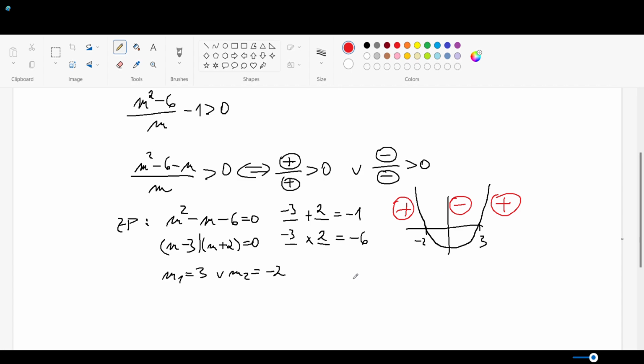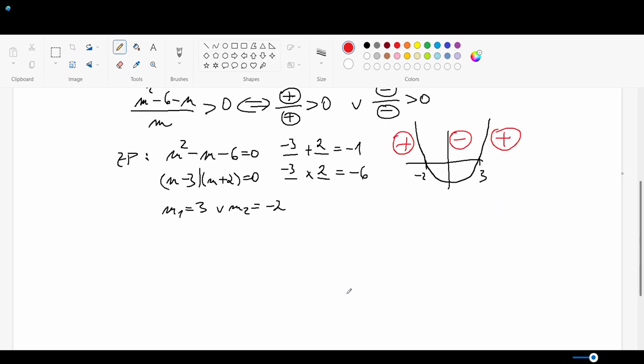Okay, now the easiest way is to construct a table. I'm missing one more zero point, so my zero points are m1, m2, and I have one more zero point, let's name it m3, which is equal to 0.